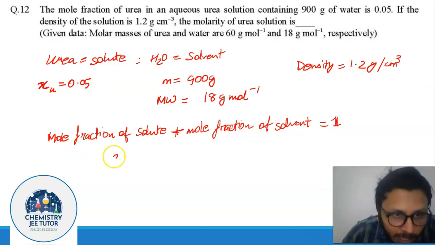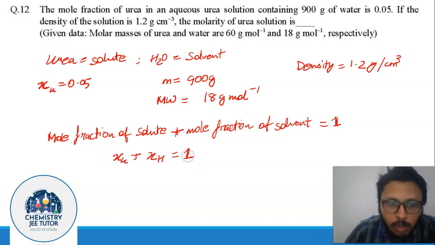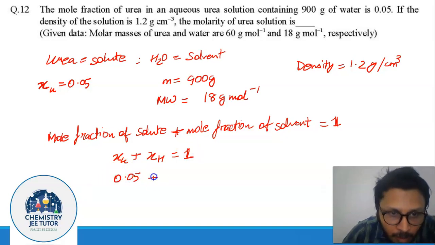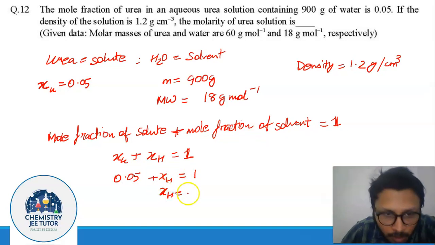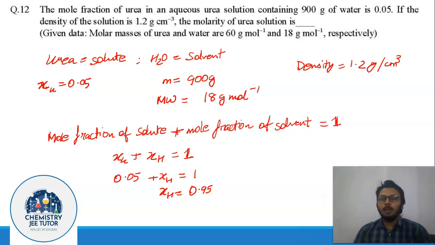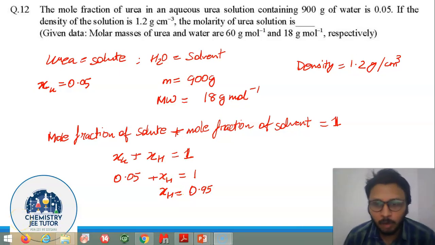So if X_U is the mole fraction of urea and X_W is the mole fraction of solvent, suppose water, this must be equal to 1. X_U is given as 0.05, so the mole fraction of water should be 0.95. You got it till now? Okay, so the mole fraction of water we got.